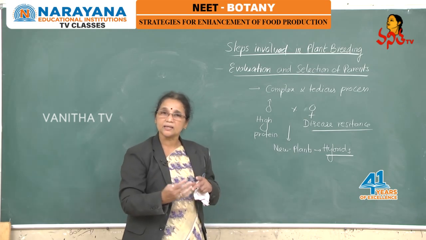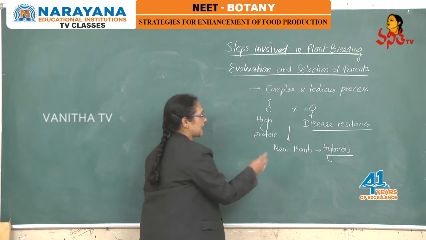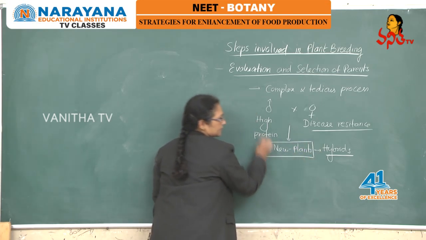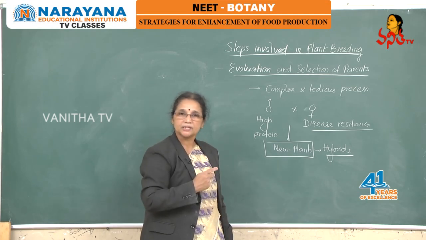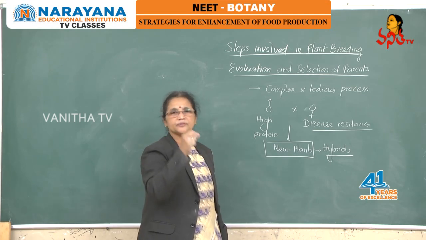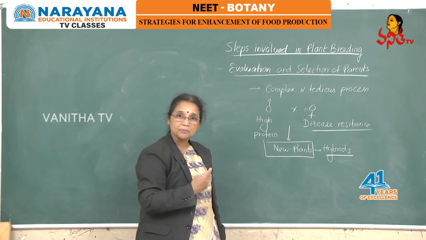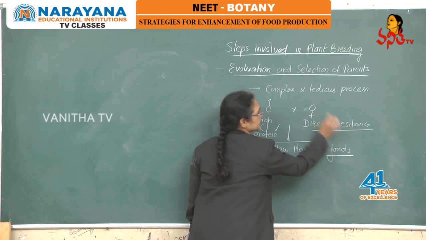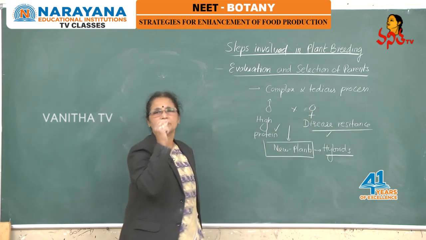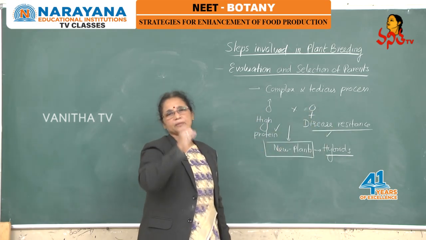We cannot say that all the plants produced in this cross have the desirable combinations. Very few of them have the desirable combination. What is the desirable combination? High protein content and disease resistance. They are present in very few of the progeny.